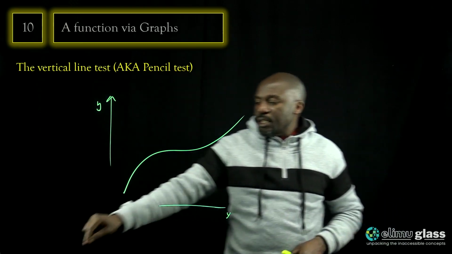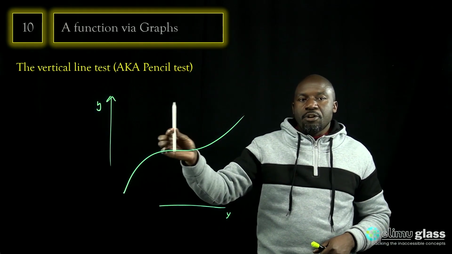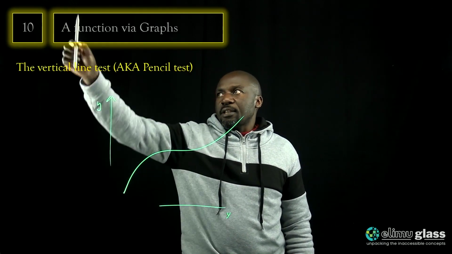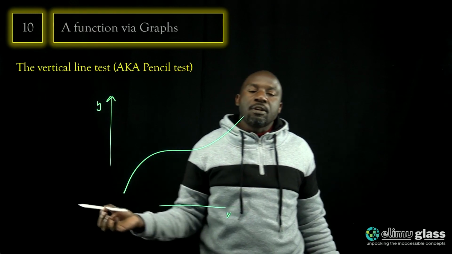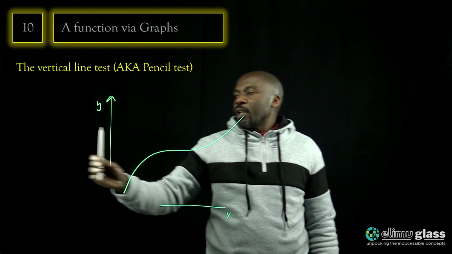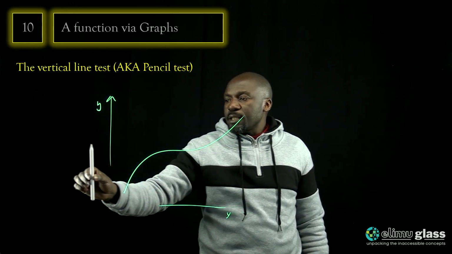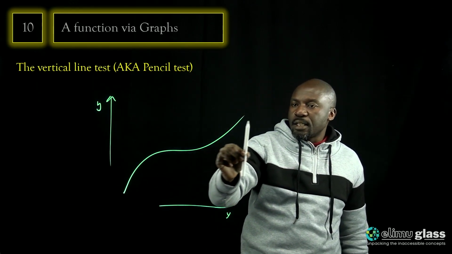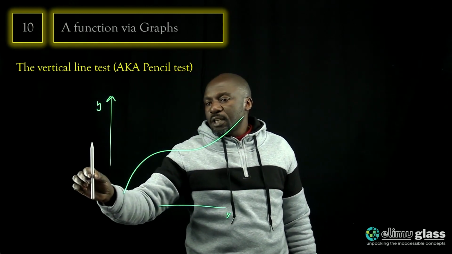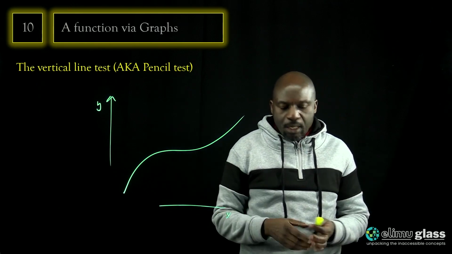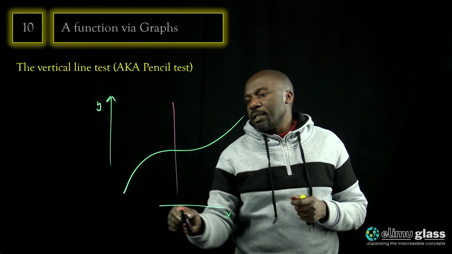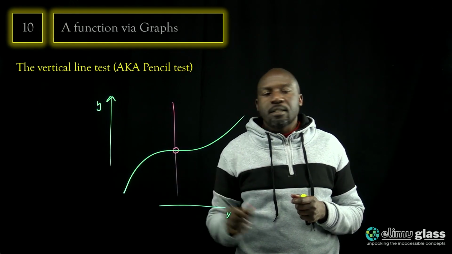You imagine holding your pencil vertically like that. Imagine your pencil extends to infinity on both sides. Okay, not to infinity, but at least covers the whole page. Then, if you move your pencil across the graph like that, if it crosses your line only on one spot, like this, if my pencil was somewhere here, it is crossing only at that single point.